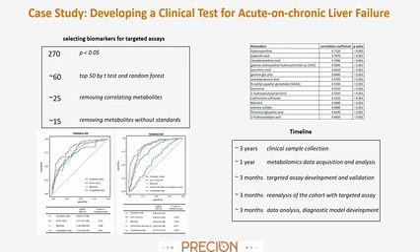Then we further looked at the availability of standards, both isotopic labeled standards and chemical standards, and we ended up with 15 metabolites. So we built a targeted assay for those 15 metabolites.